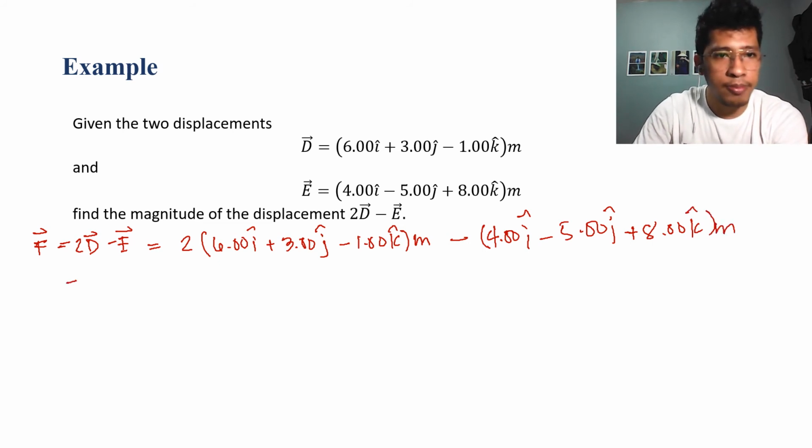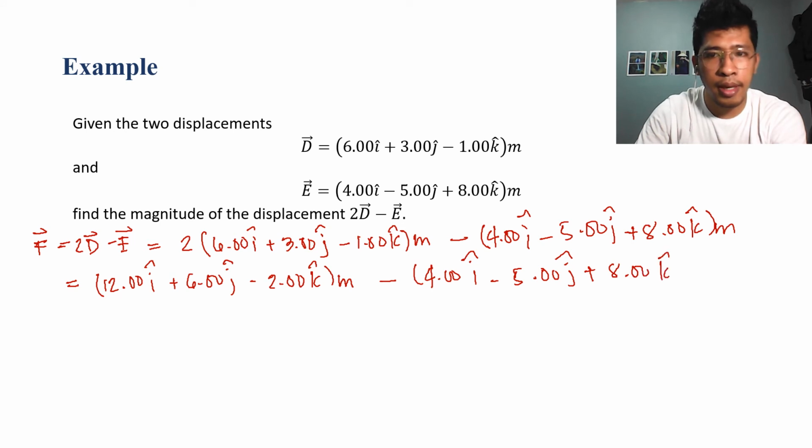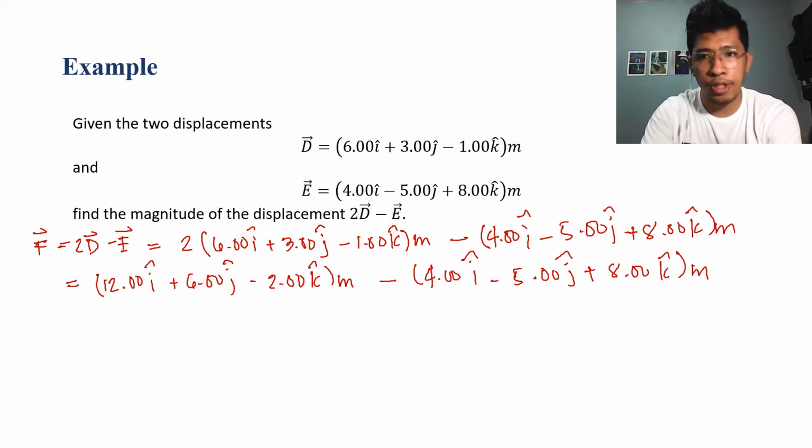Simplifying, you have 12i hat plus 6j hat minus 2k hat meters, minus 4i hat minus 5j hat plus 8k hat meters.